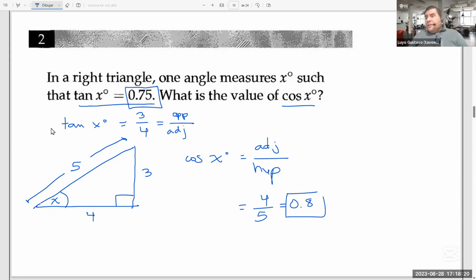Although in the SAT, you could also input this value as a fraction. Both are valid, okay? Both are valid, as long as you indicate clearly that it is a fraction. Okay, so that's it. Any doubts here? Any uncertainties? No? Okay, so let's try another example. Take a look at this one.